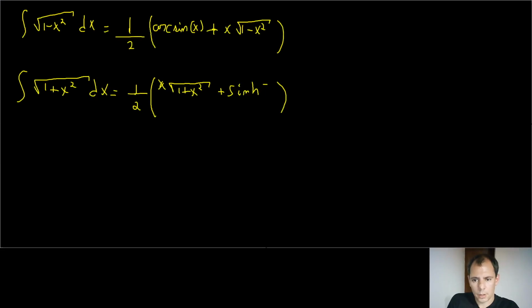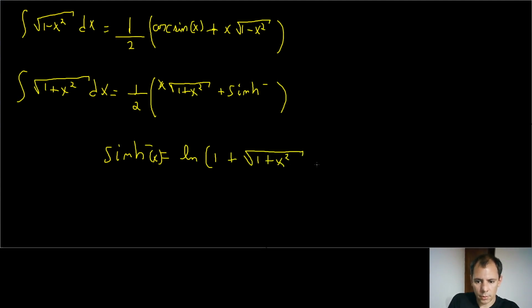Now remember, the inverse of the hyperbolic sine of x was going to be, not half, it'll be the ln of x plus the square root of 1 plus x squared. Man, I'm sleepy. So you just plug that in here.